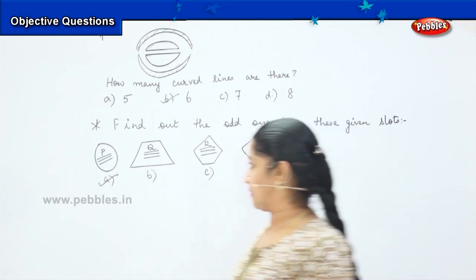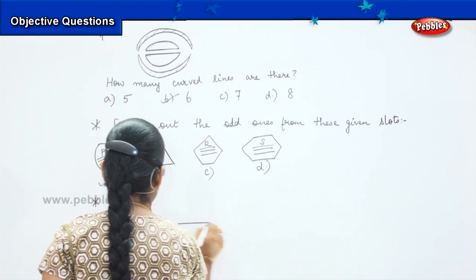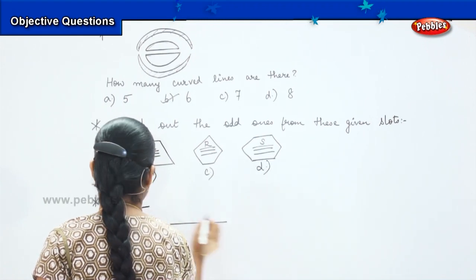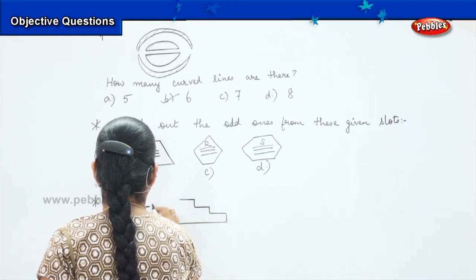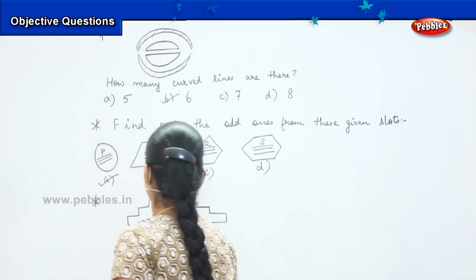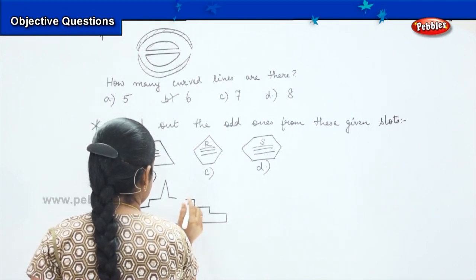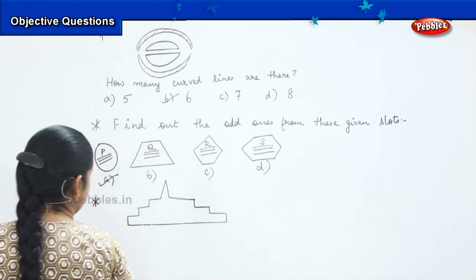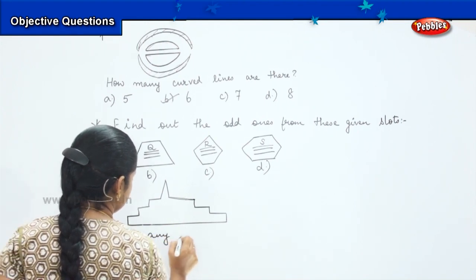Here comes my next question. Okay, and your question is, how many straight lines are there?